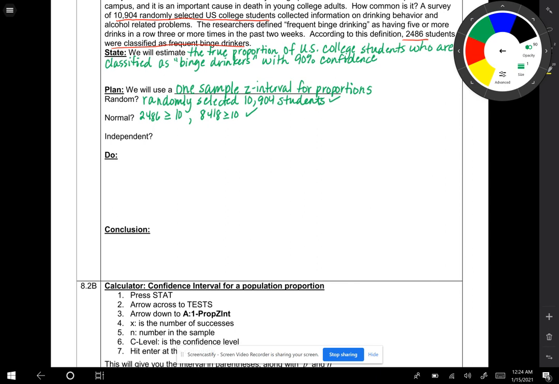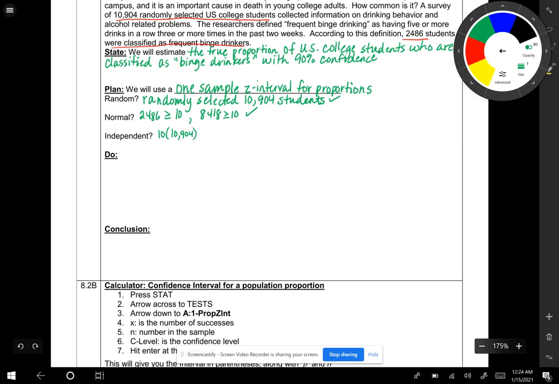Independent, well, we're not sampling with replacement, so just look at your 10% condition. So multiply your sample size by 10. So 10 times 10,904, and that gives you 109,040.